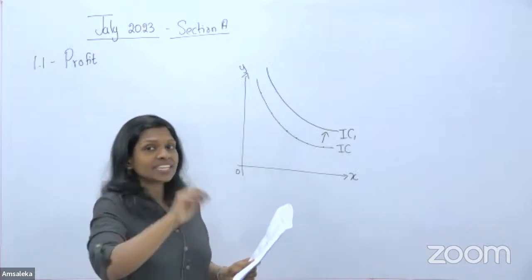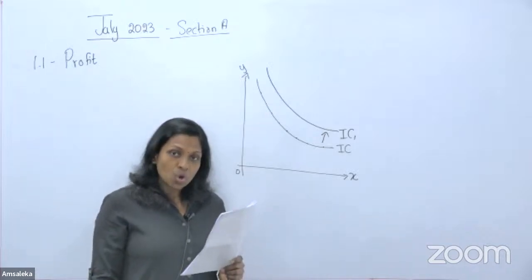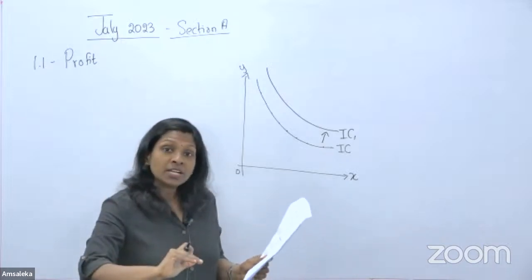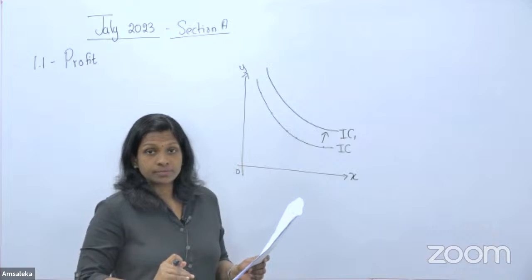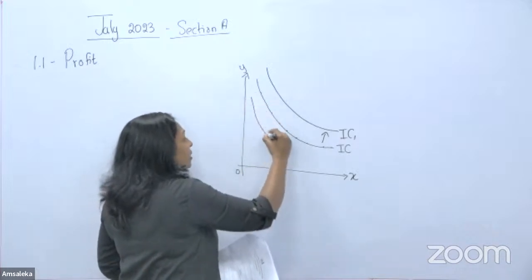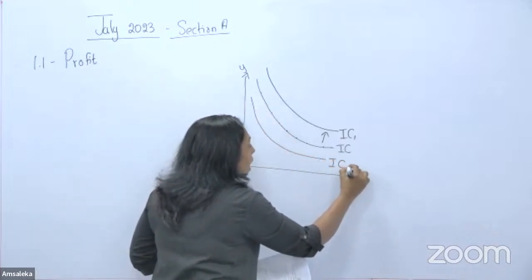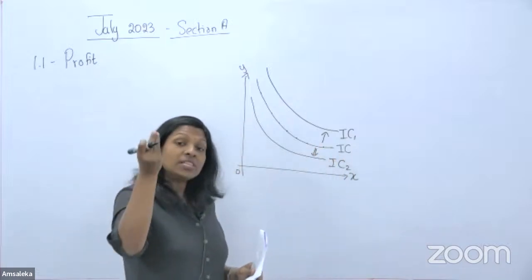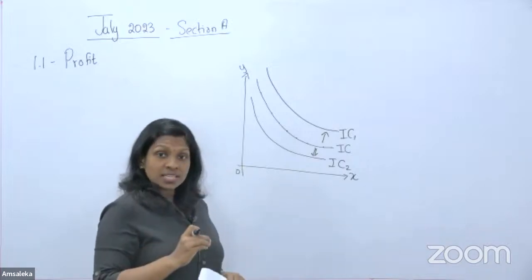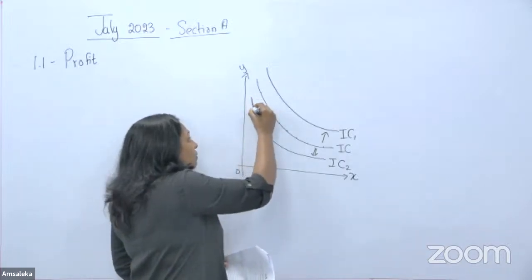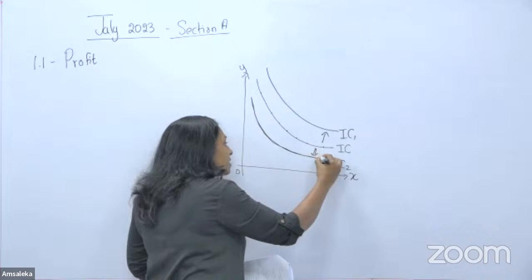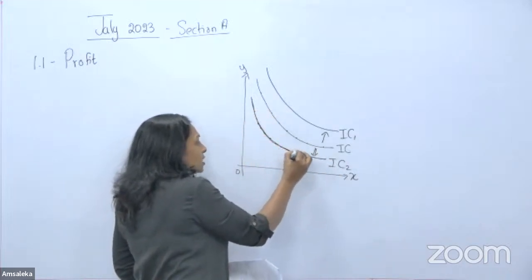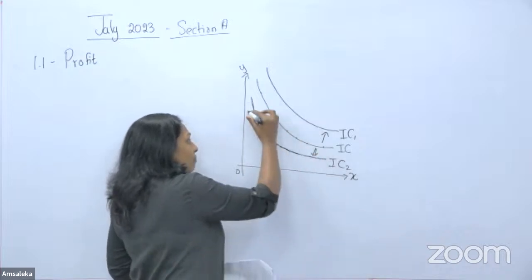But the curves never intersect each other. If the income level becomes lower, the indifference curve shifts downward. But whatever curve you consider, along the curve the satisfaction is the same.